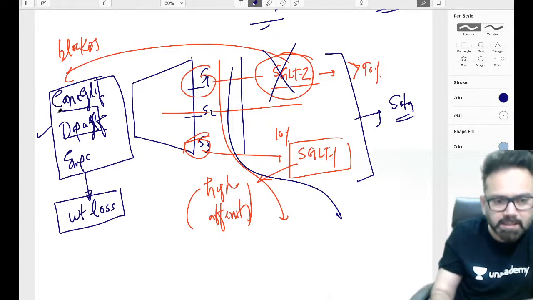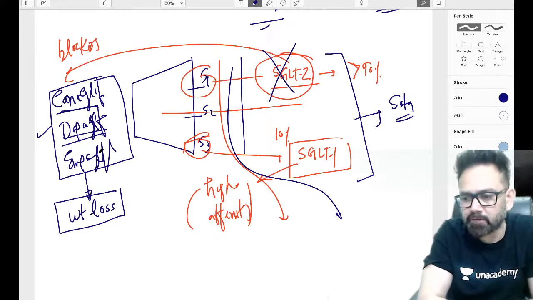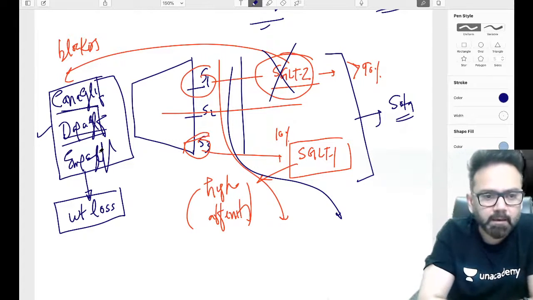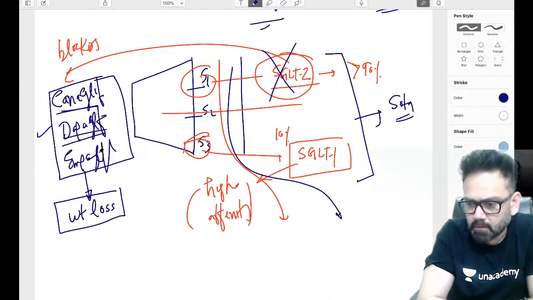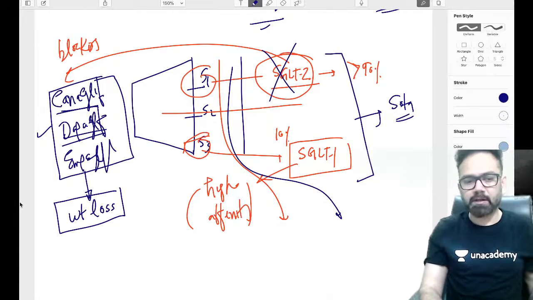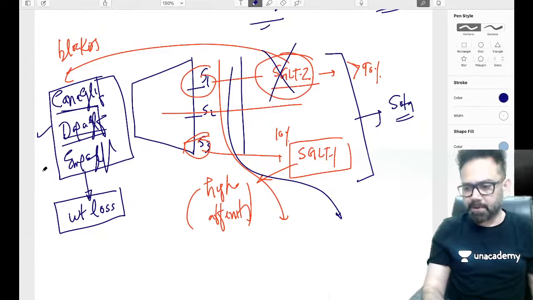Okay, among all these gliflozins, which gliflozin has increased chances of limb amputation? Canagliflozin, dapagliflozin, empagliflozin? Among all these SGLT2 blockers, which has more chances of limb amputation or Fournier gangrene? These are all your repeated MCQs.